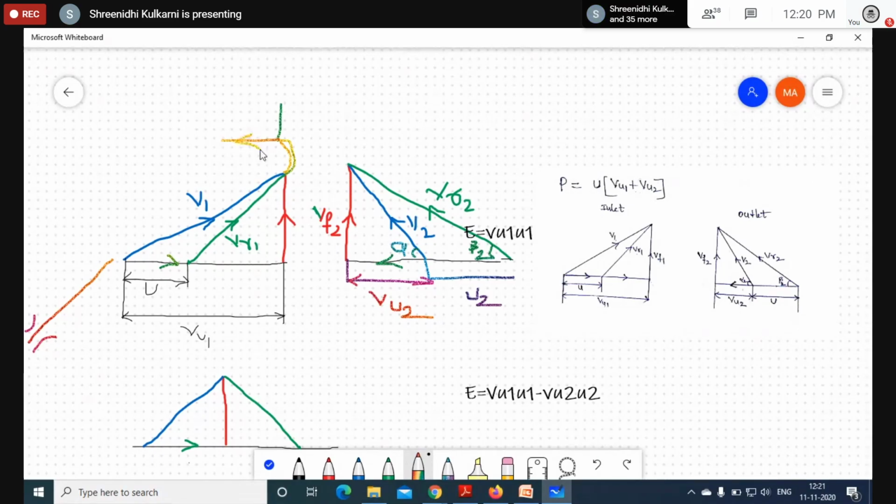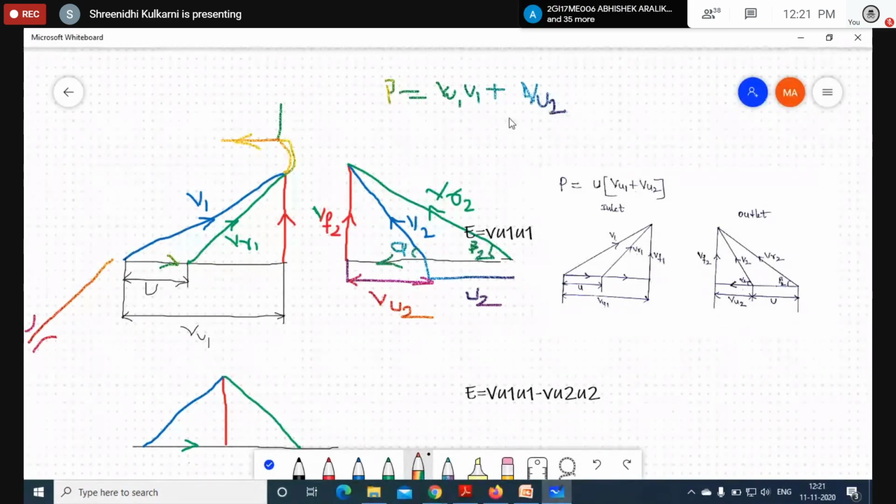So now you check. When VU1 as well as VU2 are in opposite directions, then the power equation or the work done equation I am going to write as VU1 U1 plus VU2 U2.